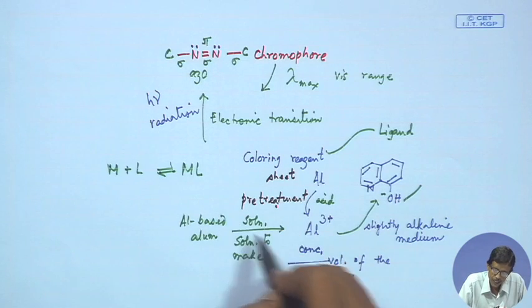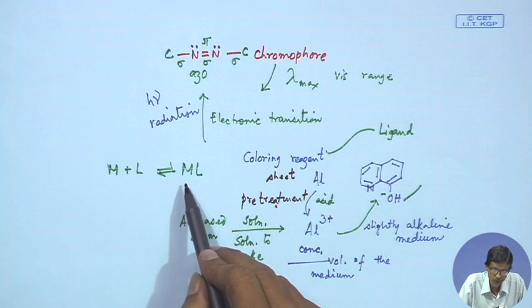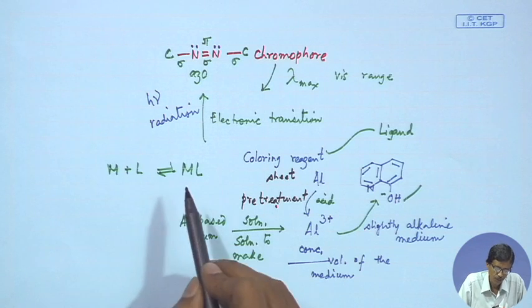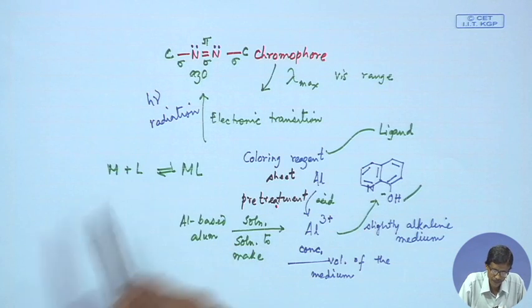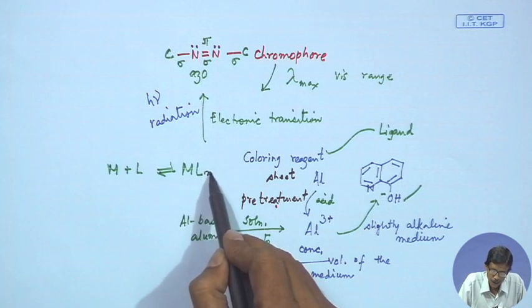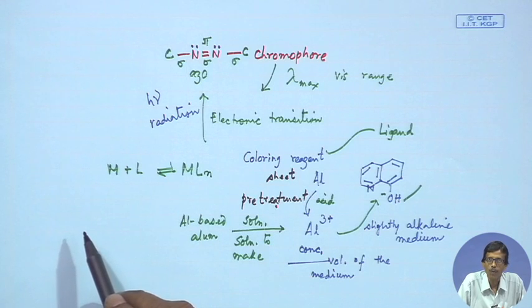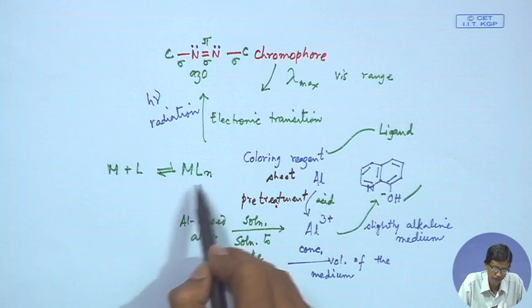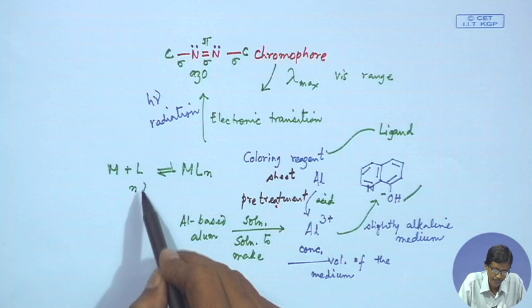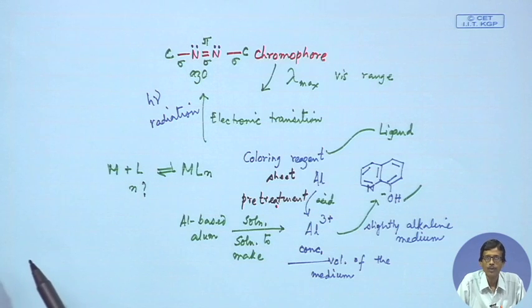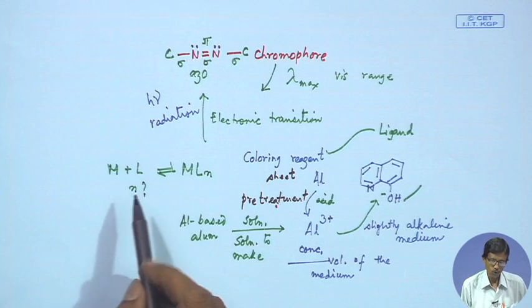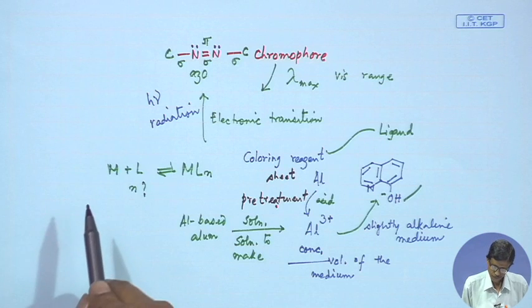But here this particular one is for the complex equilibrium for the formation of ML from M plus L. But if we say that why it is not forming MLn, what should be the value of n for this particular reaction, which was also true for your iron thiocyanate.